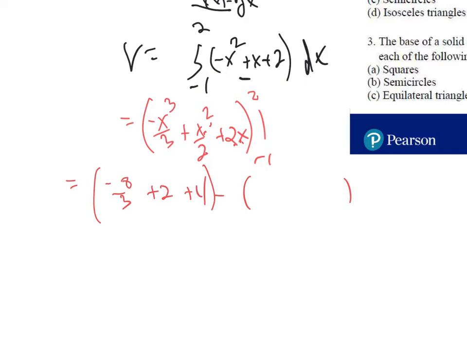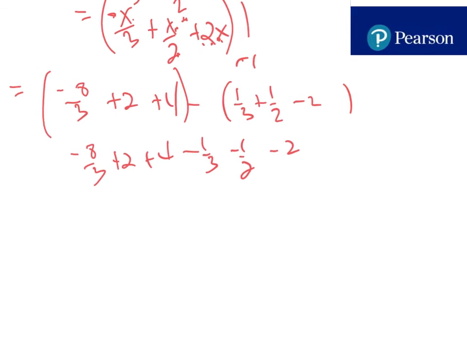All of that, subtract, plugging in the negative 1. A negative 1 cubed is still a negative 1 times this negative makes it a positive 1. That makes it a 1/3. Negative 1 squared is still a 1. 1 over 2 is going to be plus a half. And a 2 times a negative 1 is a negative 2. So that gives me a negative 8/3 plus 2 plus 4 minus a third minus a half minus a 2.